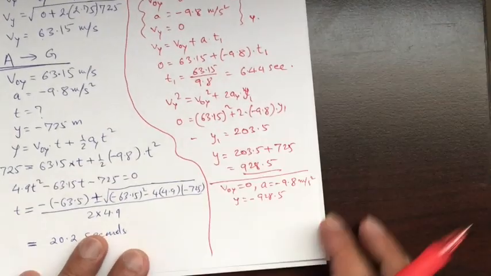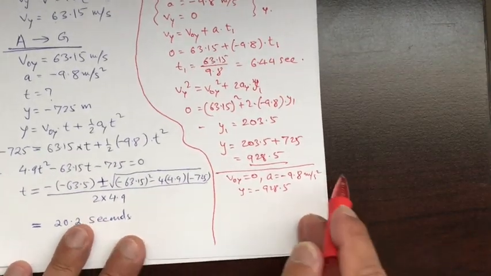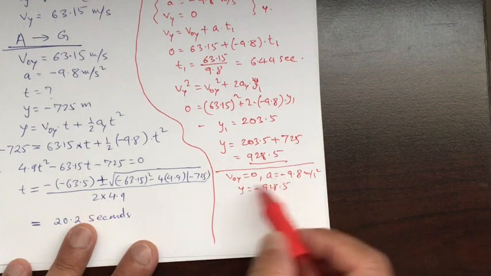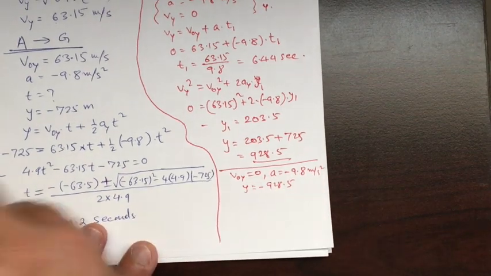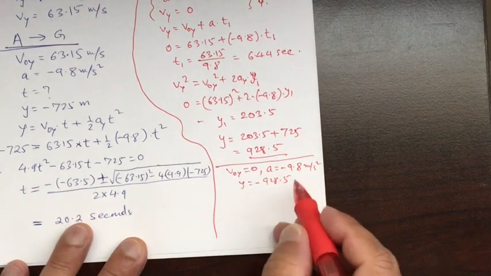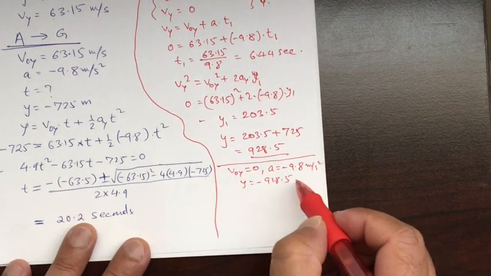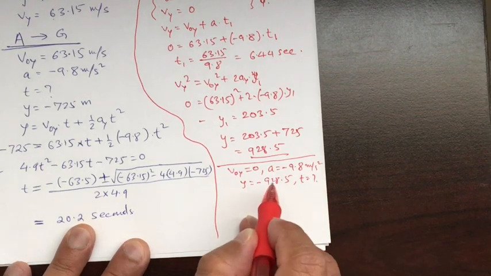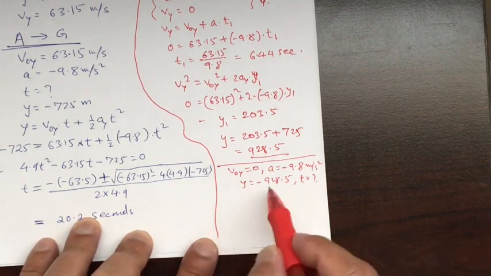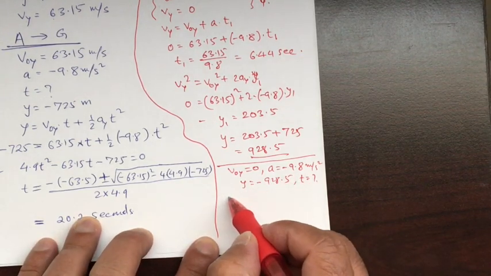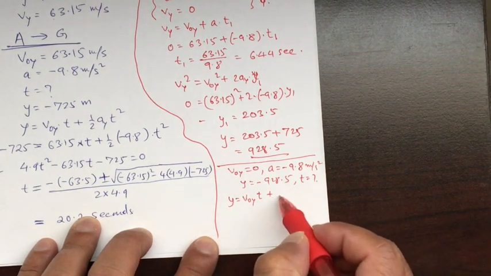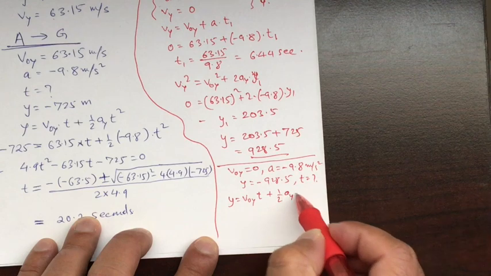Okay. So now all you have to do is find the time from here. The formula is y equals v0y t plus 1/2 ay t square.